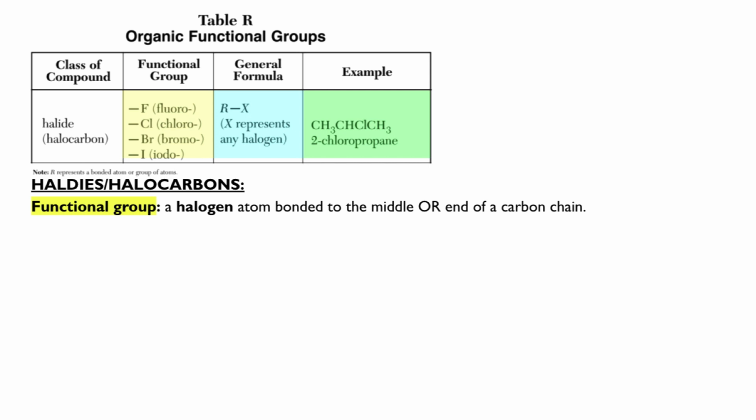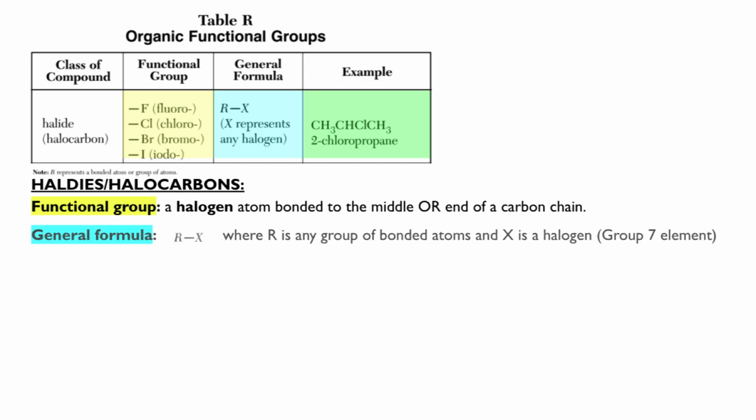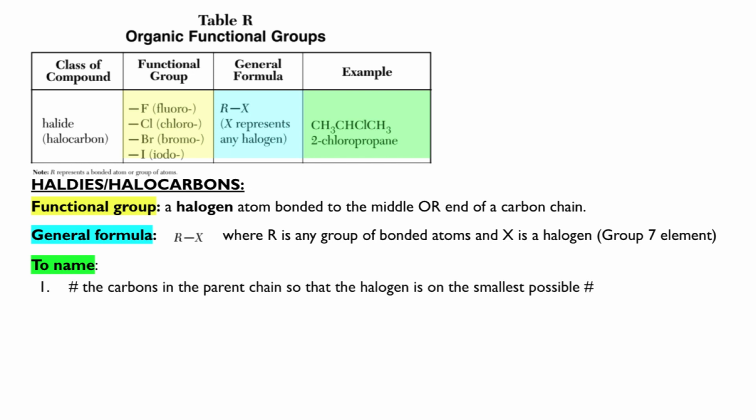There could be one halogen bonded in a halide, or there could be more than one. The general formula is RX, where R is any group of bonded atoms and X is a group 7 halogen. So to name a halide, or a halocarbon, you count the number of carbons in the parent chain, counting it so that the halogen is coming off of the smallest possible number.